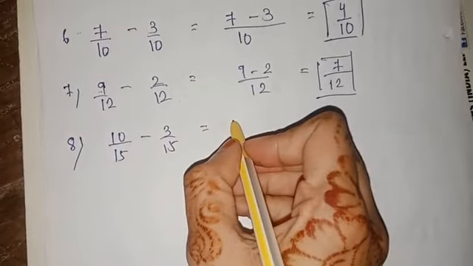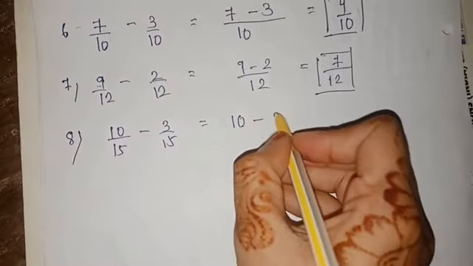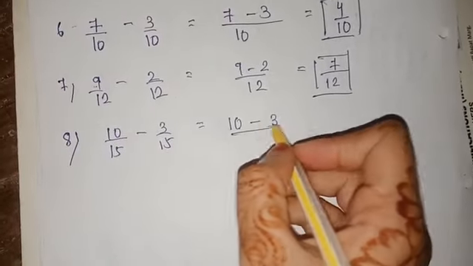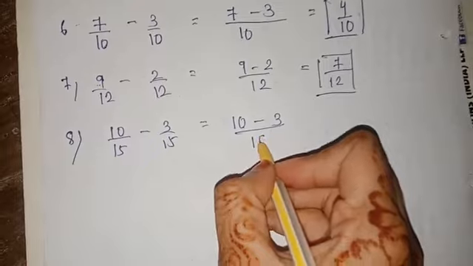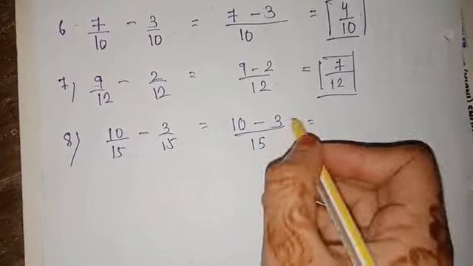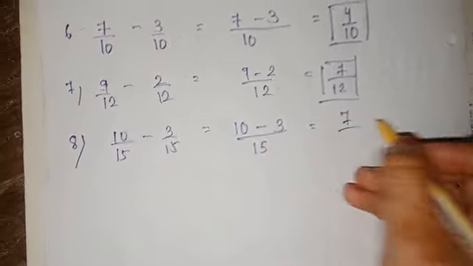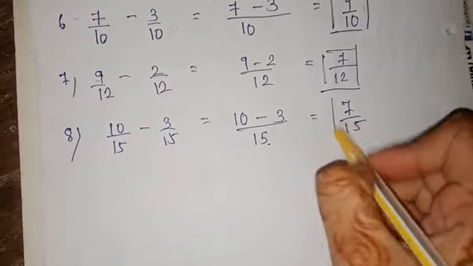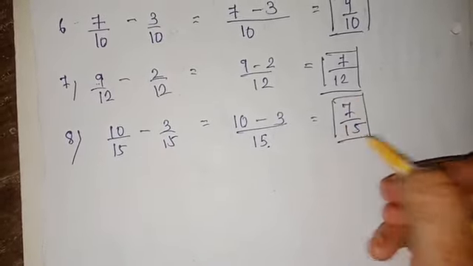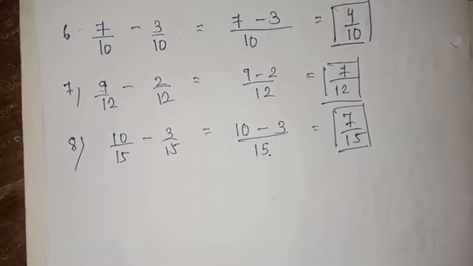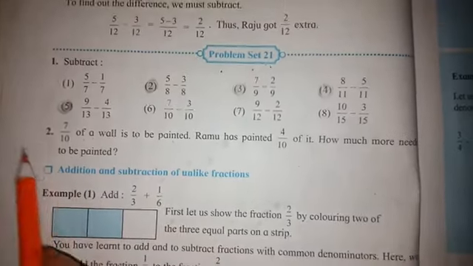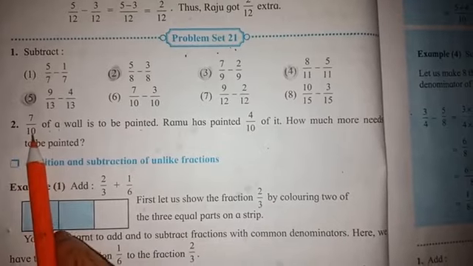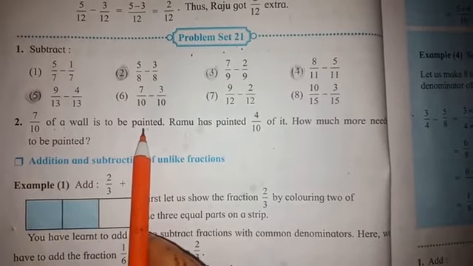Here also we will only subtract numerators, that is 10 minus 3, and 15 will come as it is. Now 10 minus 3 is 7 and this is 15, so we get the fraction 7/15. Done.